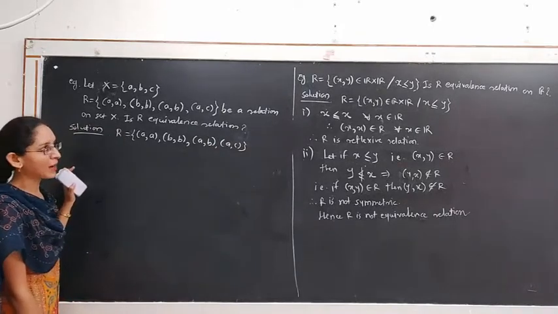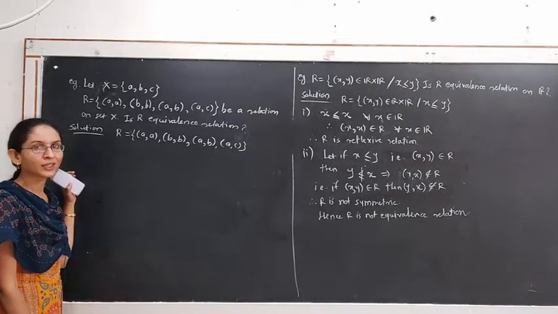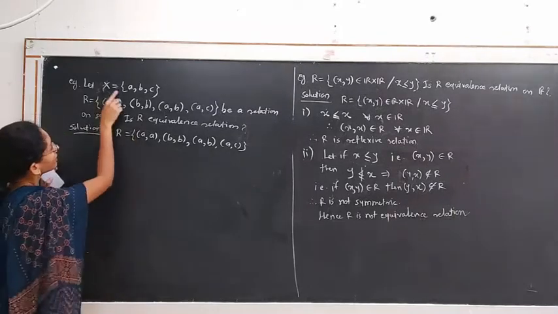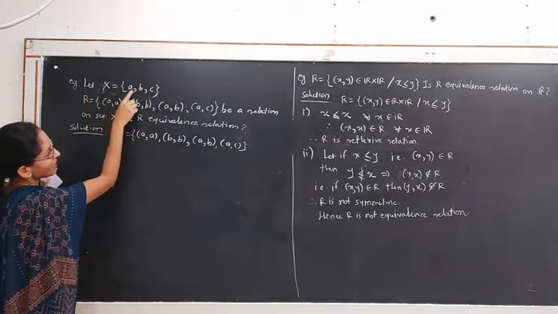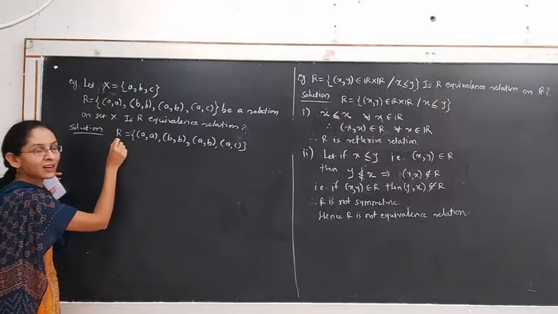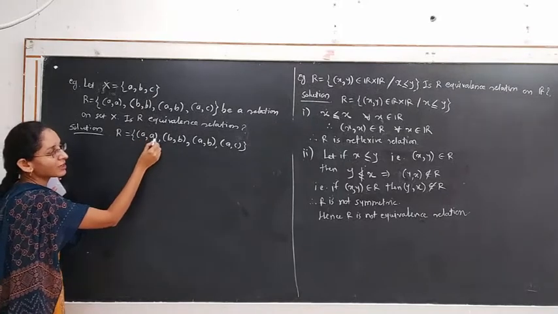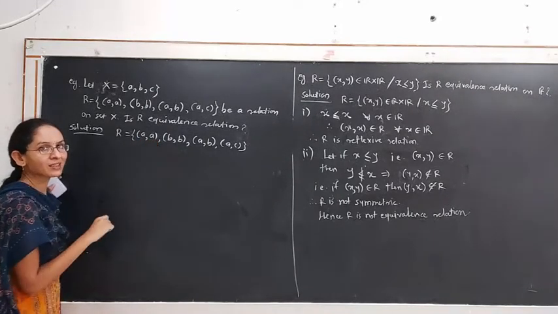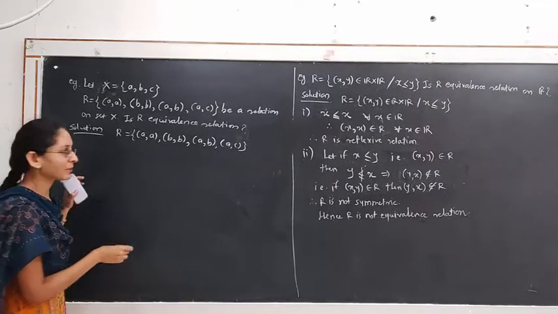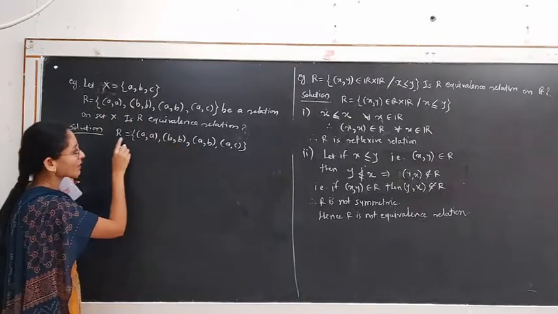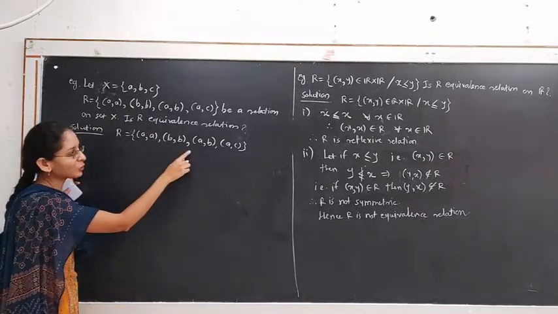First, we should have R reflexive, then check that it is symmetric and transitive. Elements of X are a, b and c. The ordered pair (a, a) belongs to set R, hence a is related to a. For reflexivity, we require every element of set X to be related to itself. Element b belongs to set X, ordered pair (b, b) belongs to R, means b is related to b.